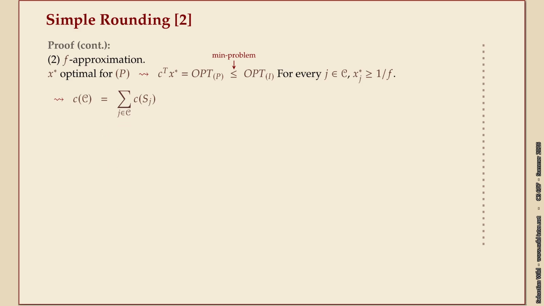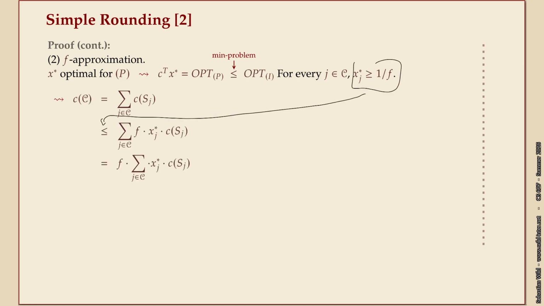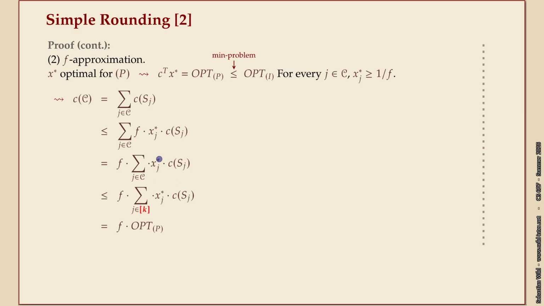And it's an f approximation because you can rewrite the cost of the solution we compute, using what we know from the rounding, as f times this sum. And that you can upper bound by taking the value on all the sets, not just the ones you picked. And that's essentially the optimal objective value of the fractional problem, or the LP problem.